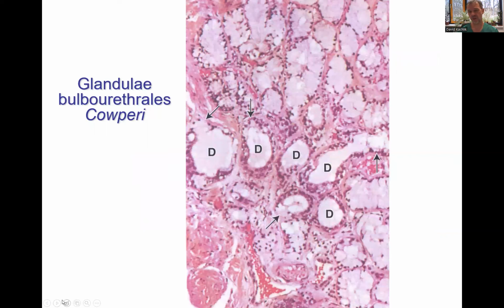And on the section, you can see this tuboalveolar arrangement with ductuli, with stratified columnar epithelium, which is similar to the epithelium of spongy part of the male urethra.